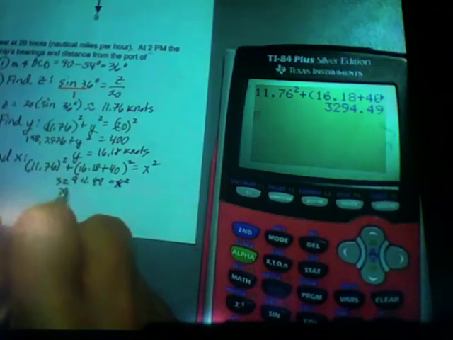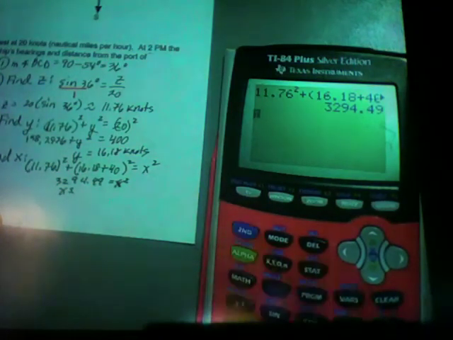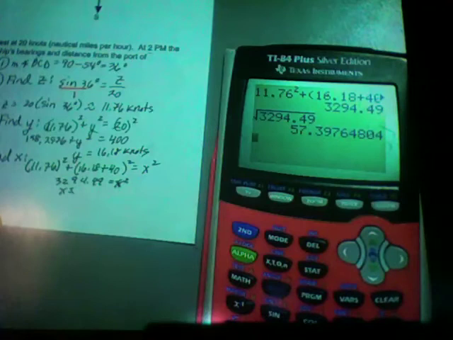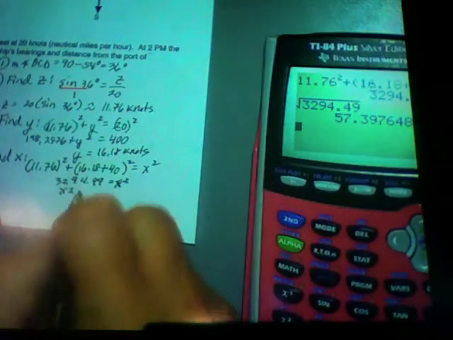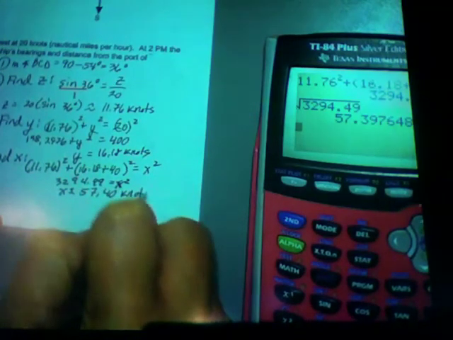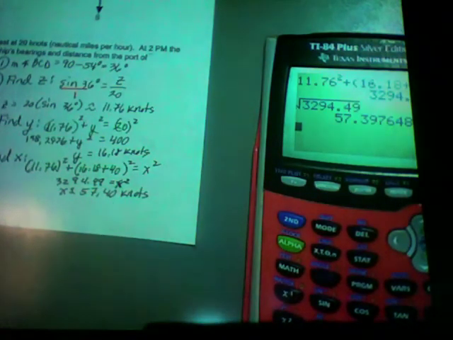And so x is approximately equal to, take the square root, 57 point, yeah, we'll go with 40. 57.40 knots. So we found part of it.